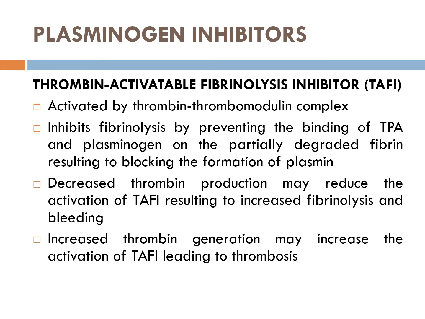Decreased thrombin production may reduce the activation of the TAFI, which would lead to increased fibrinolysis and bleeding of the patient. On the other hand, if there is increased thrombin generation, it would also increase the activation of your TAFI, leading to thrombosis or clot formation.